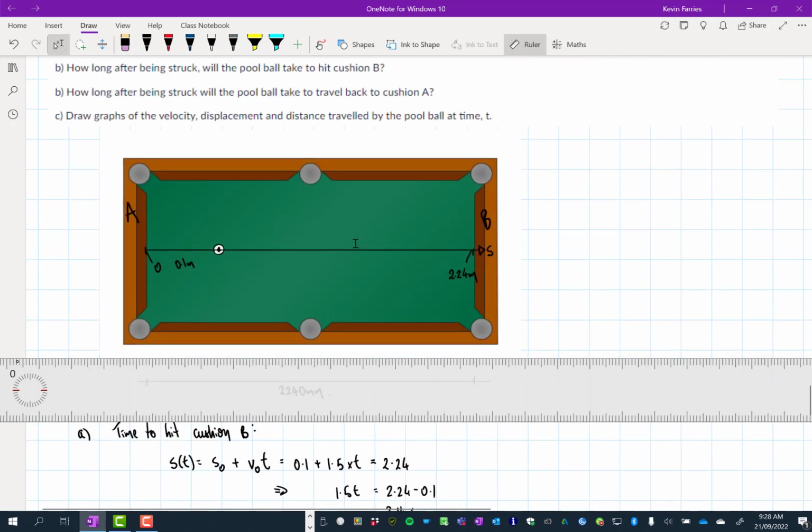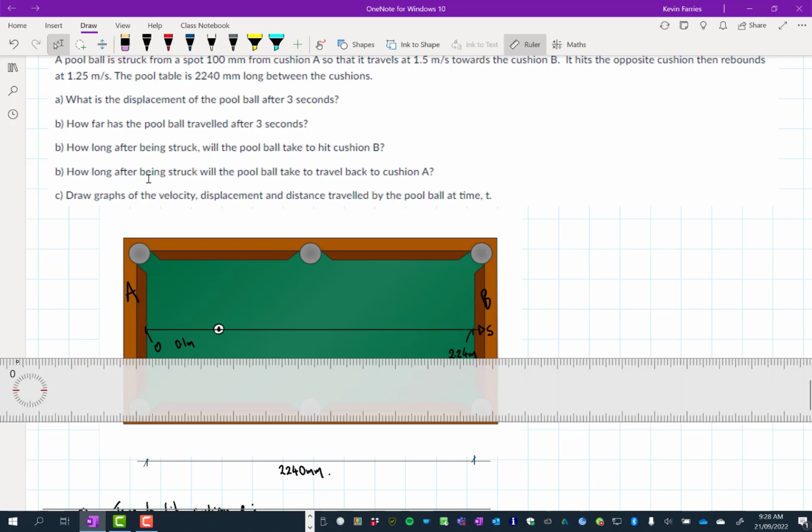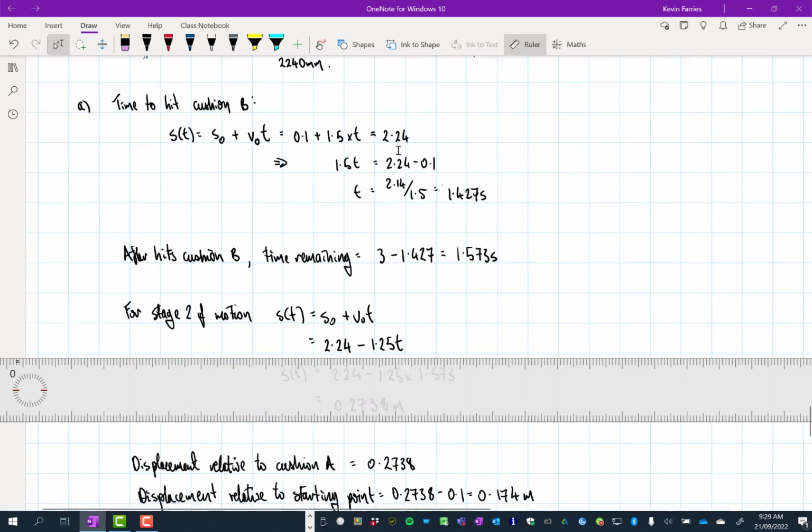Okay. Next. What does it want us to do next? So how long after being struck will the pool ball take to travel back to cushion A? I've got lots of B's here. I'll go back and fix that in a minute. So this should be A, B, C. So we're on to part C. How long after being struck will the pool ball take to hit cushion B?